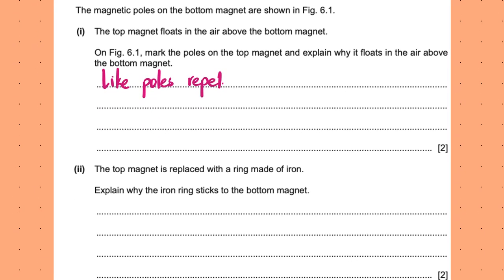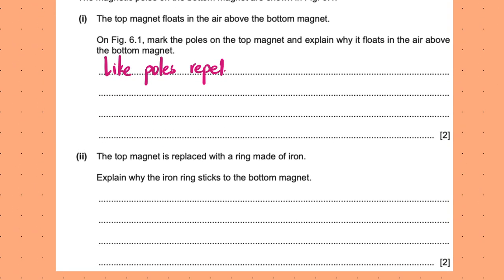The top magnet is replaced with a ring made of iron. Explain why the iron sticks to the bottom magnet. So I know that iron is a temporary magnet, so poles are going to be induced on it such that the bottom magnet is going to attract the iron.